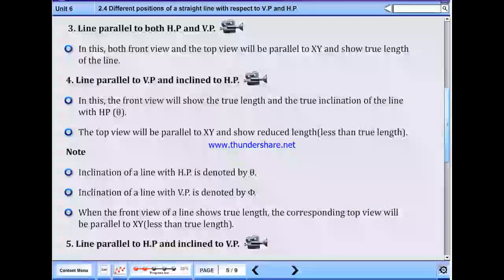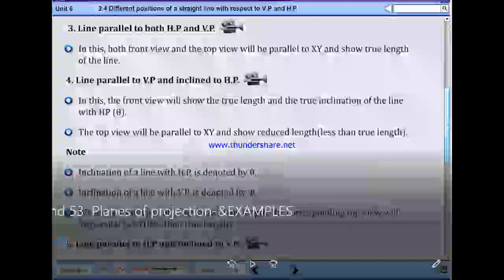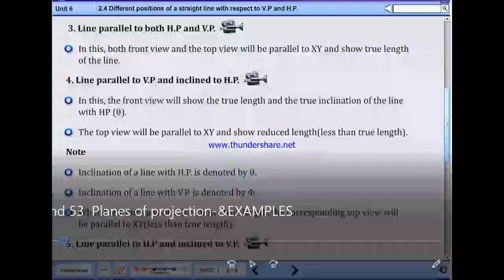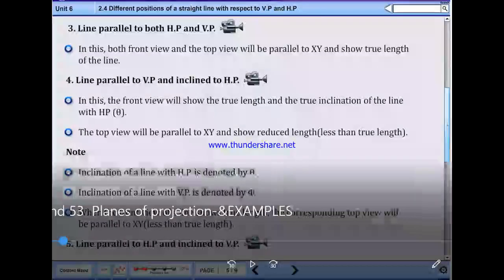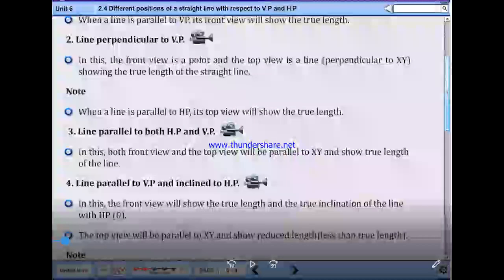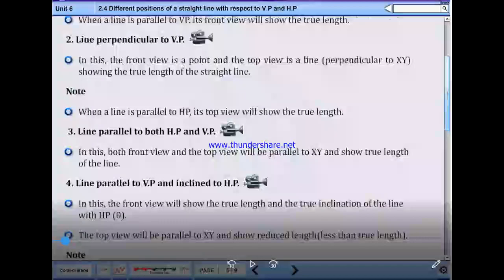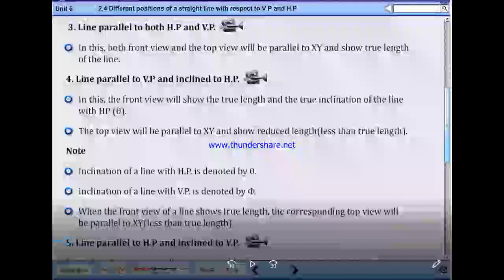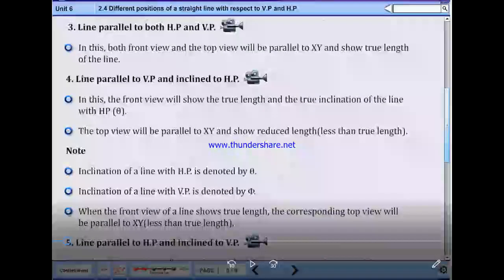Now next point, line parallel to HP and inclined to VP. Line parallel to VP and inclined to HP.